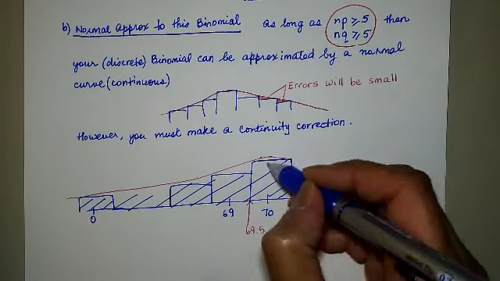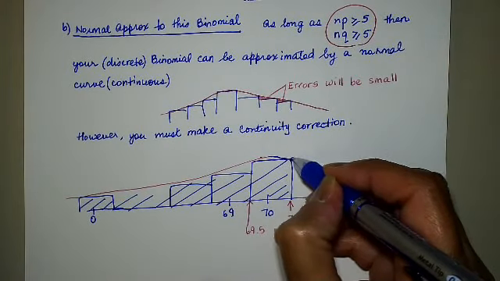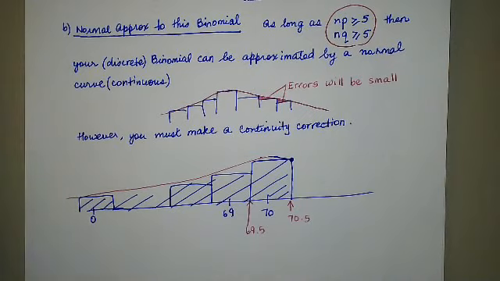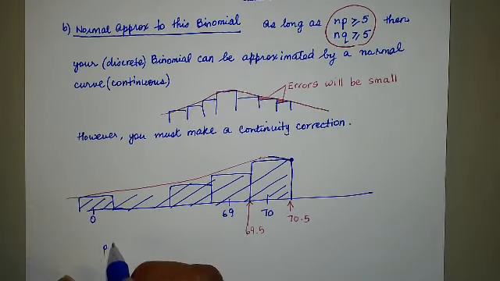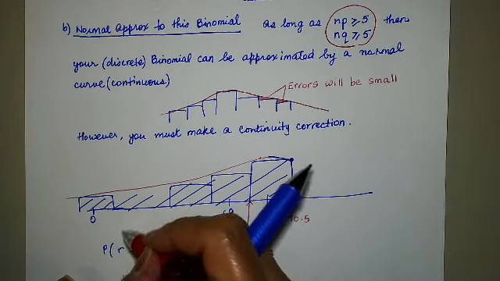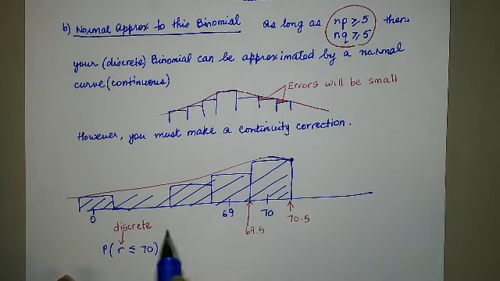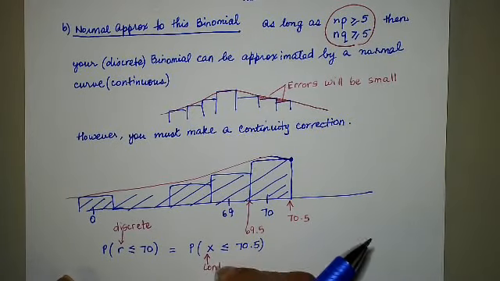So if I'm going to use normal methods to do this, then this bar all the way up to and including 70.5 is where I begin and I sum left. So I want to say probability r less than or equal to 70, where r is discrete, is equal to probability x less than or equal to 70.5, where x is continuous.